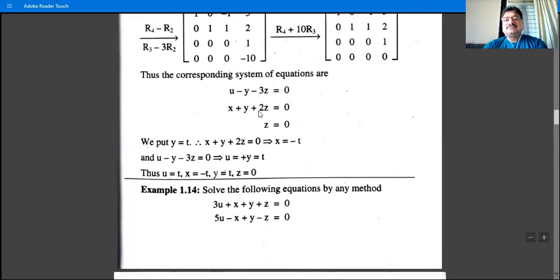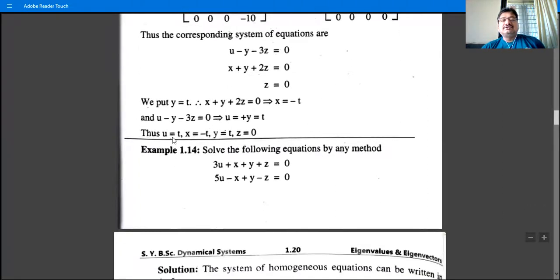Then from the equations, substituting z as 0 and y as t, we have x is minus t, and substituting the values of y and z, we have u is plus t. Therefore the solution is u is equal to t, x is equal to minus t, y is equal to t, and z is equal to 0, where t is any real number.